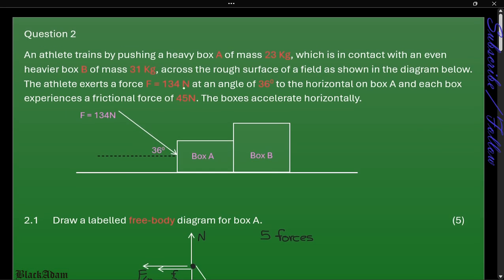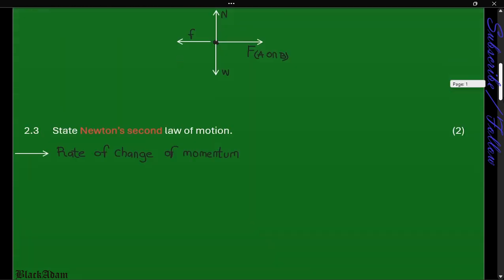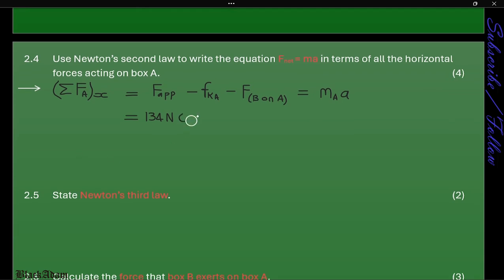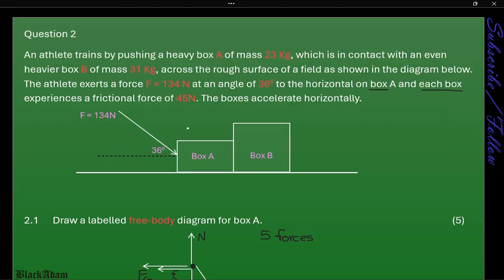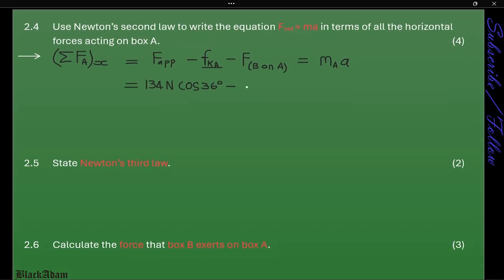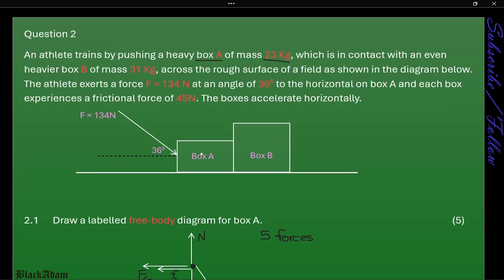So force applied is 134 newtons at an angle of 36 degrees, so that's cos 36 degrees. So that's 134 cos 36 degrees minus friction, that's 45 newtons on box A. So 45 newtons for friction on box A, minus the force that B applies on A. Okay, so all of that gives us mass times acceleration.